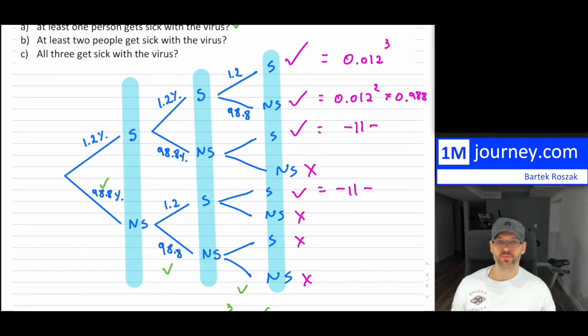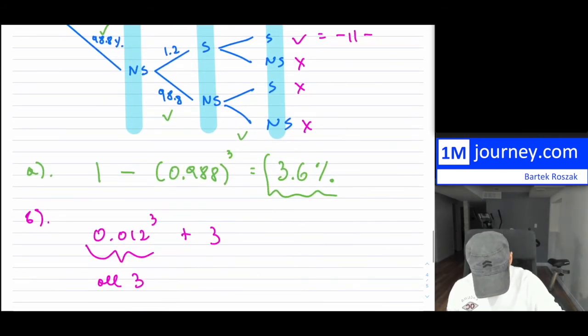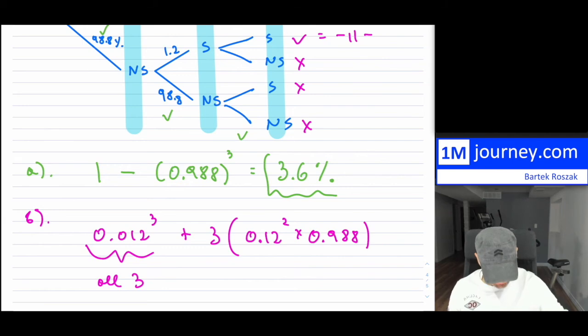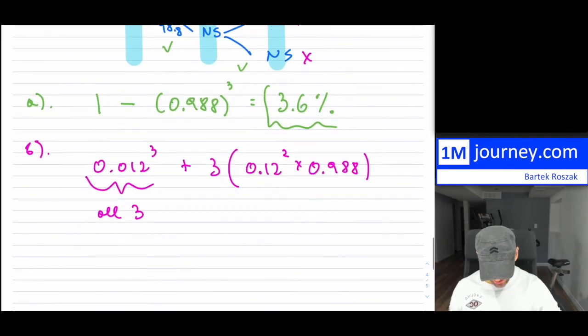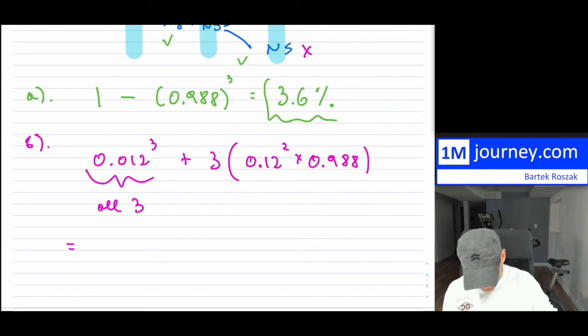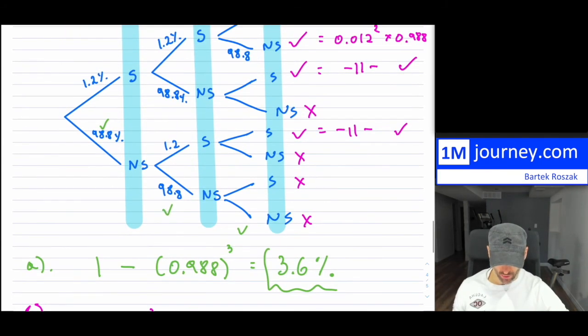That happens on 3 occasions, so it's 3 times 0.012 squared times 0.988. These are all the same, just the order is different. And calculating that, we get exactly what we wanted.